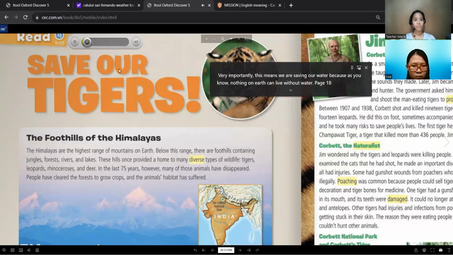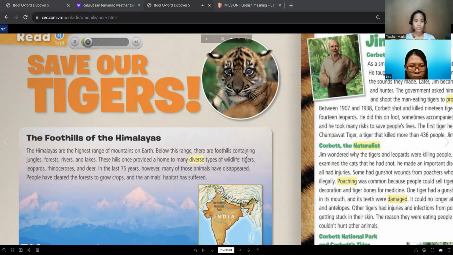Page 18. Read. Save Our Tigers. The foothills of the Himalayas. The Himalayas are the highest range of mountains on Earth. Below this range, there are foothills containing jungles, forests, rivers, and lakes. These hills once provided a home to many diverse types of wildlife: tigers, leopards, rhinoceroses, and deer. In the last 75 years, however, many of those animals have disappeared. People have cleared the forests to grow crops, and the animals' habitat has suffered.